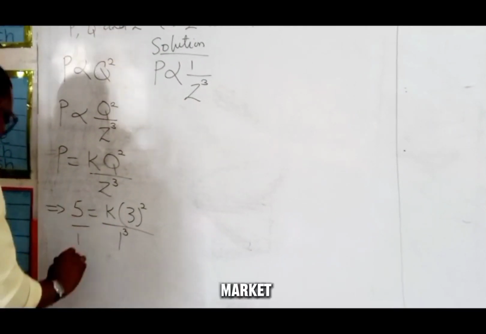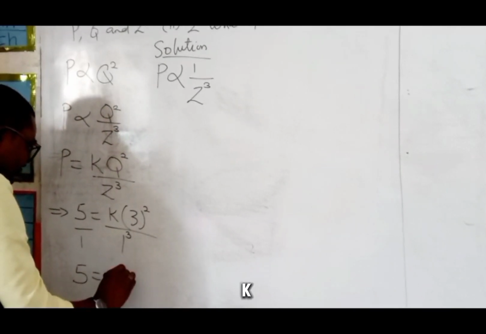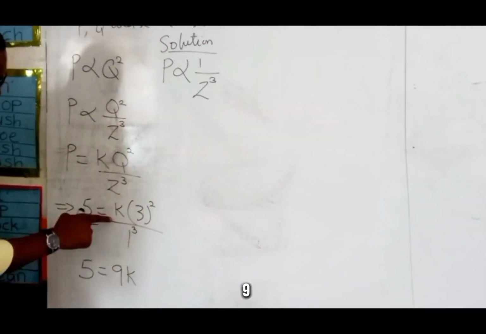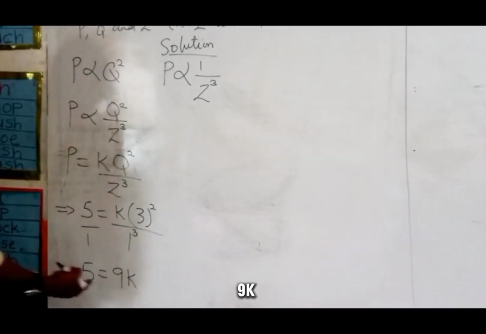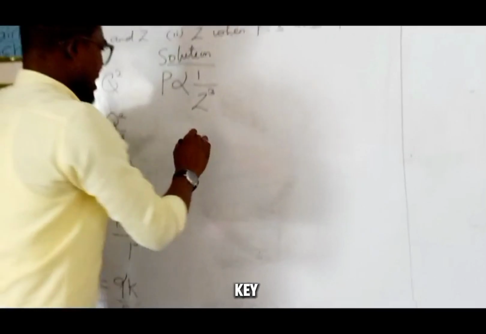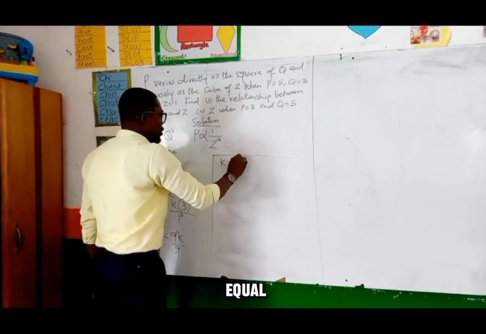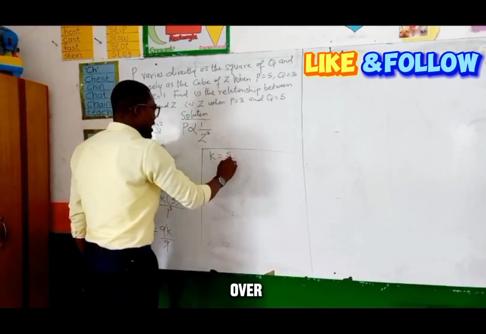Alright, so I'll cross multiply. This will give me 5 is equal to 9K, because 3 squared is 9, so multiplying K, that gives me 9K. I'm interested in the constant, so I'll divide both sides by 9. My K is equal to 5 over 9.